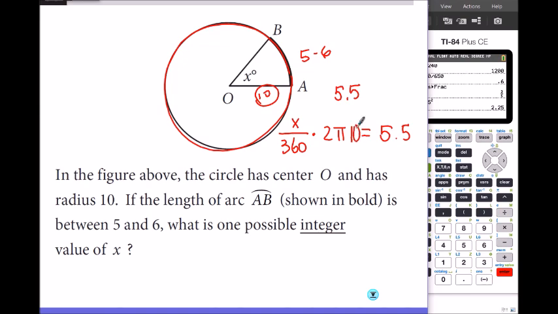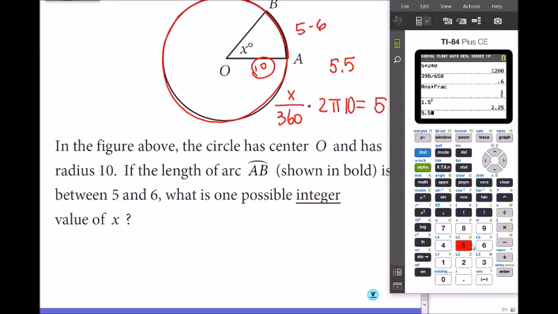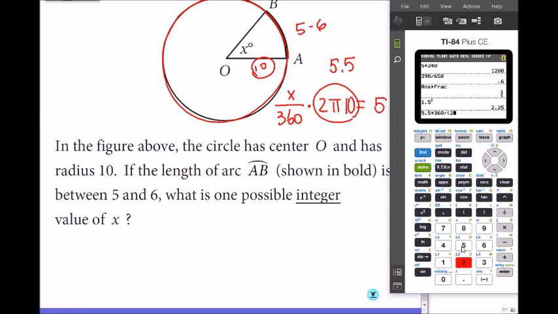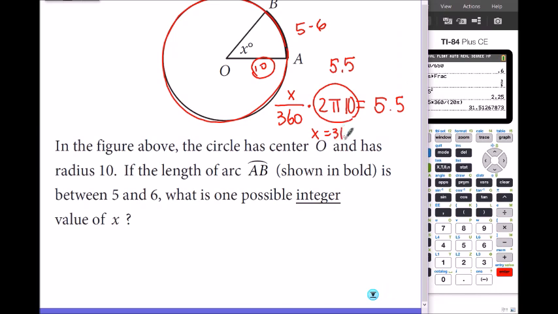So you take 5.5, multiply by 360, which is in the denominator, and divide by 2 pi times 10. So it's 220 pi, right? Oops, parentheses. So you get about 31.51. So x equals 31.51.